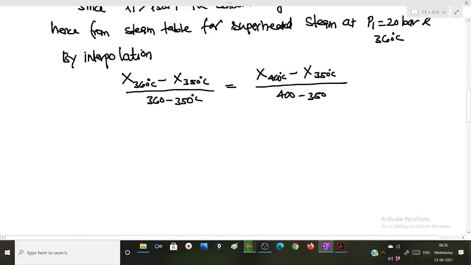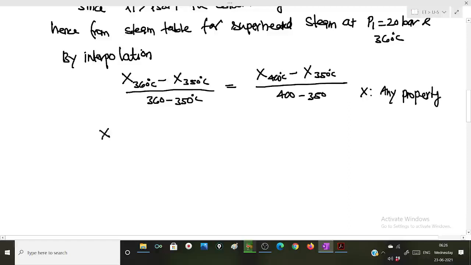Where x is any property. It could be small v, it could be small h, it could be small s.